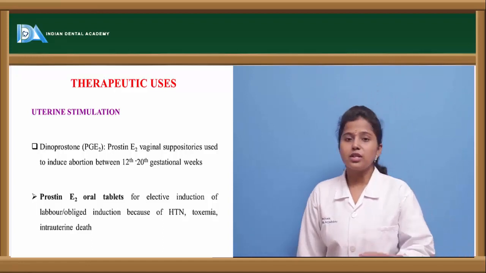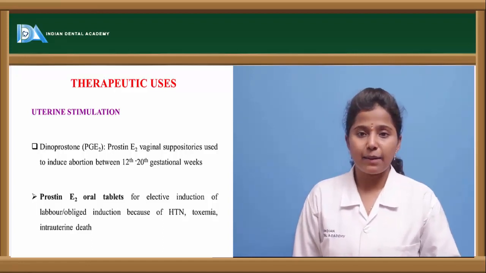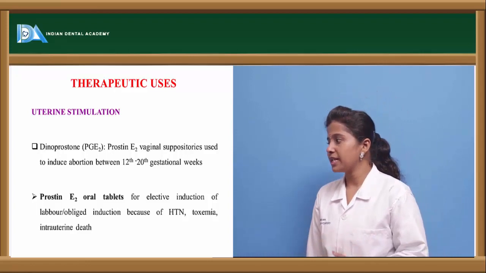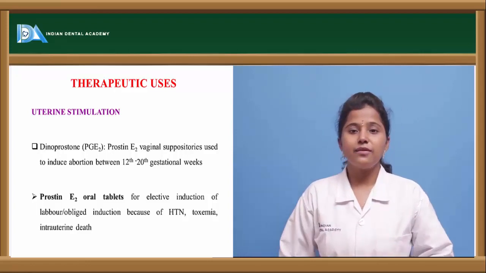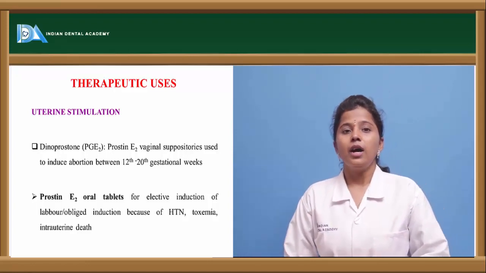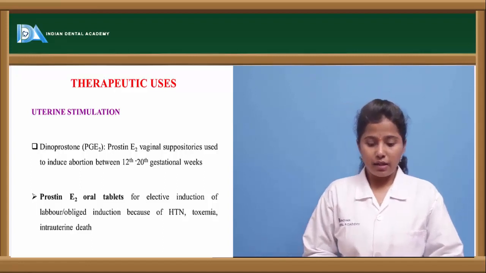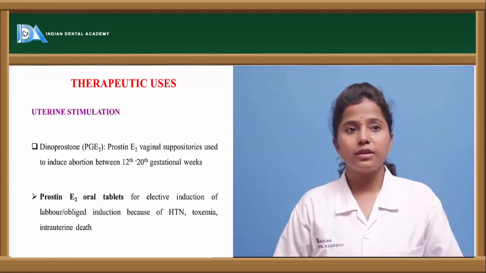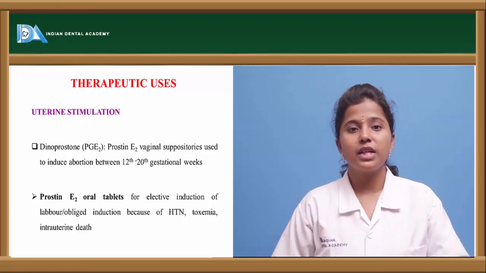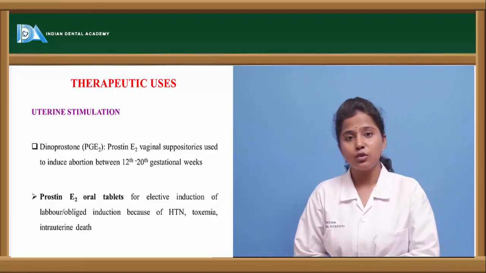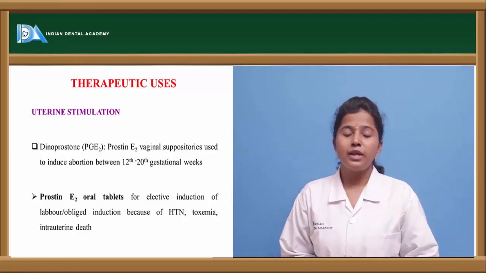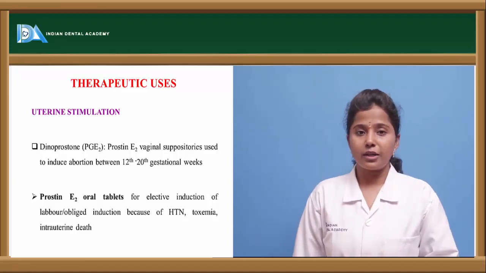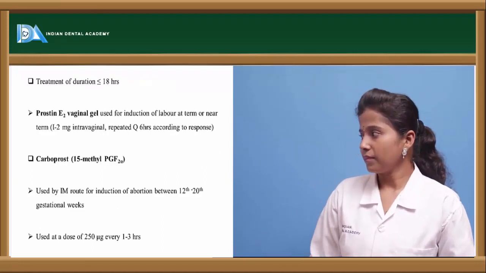The other one is Prostin E2 oral tablets. These oral tablets are given for elective induction of labor. If natural labor is not observed, then Prostin, that is PGE2, is recommended to be given to pregnant women for labor.